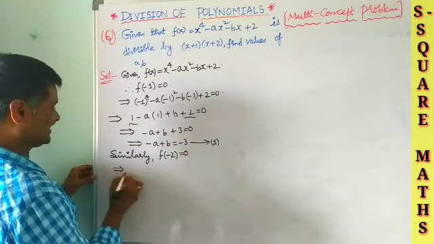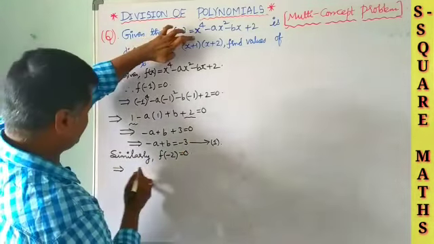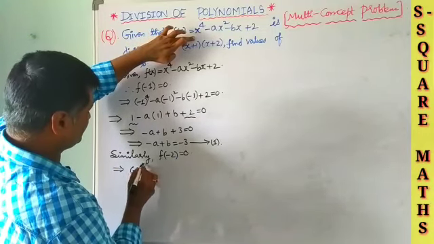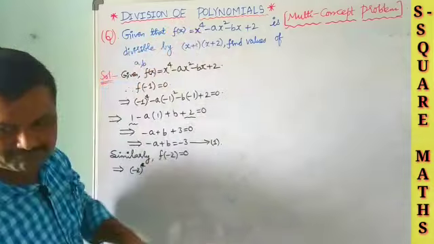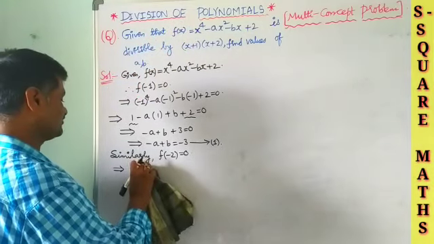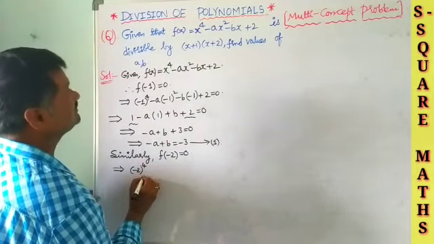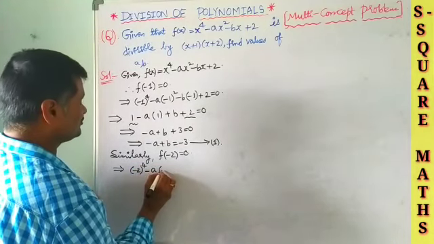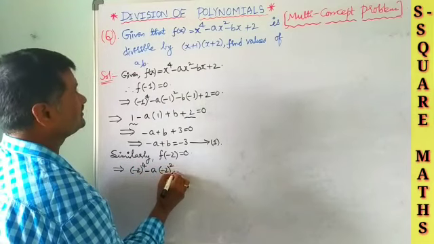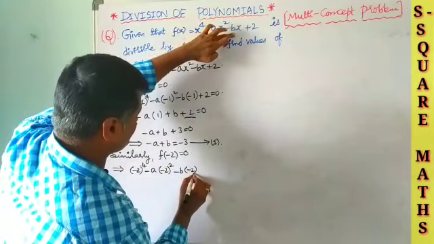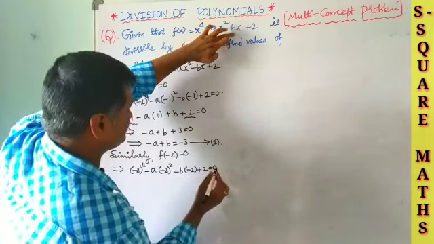This implies in the place of x I have to write minus 2, so minus 2 whole power 4, minus a into minus 2 whole square, minus b into minus 2, plus 2 is equal to 0.